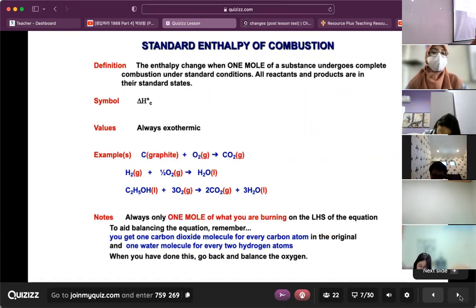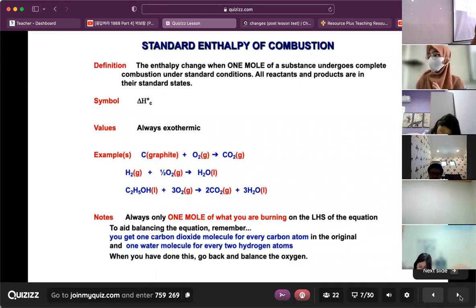Okay, next one is standard enthalpy change of combustion. We must read the definition: 1 mole of a substance undergoes complete combustion under standard conditions. All reactants and products are in their standard states.